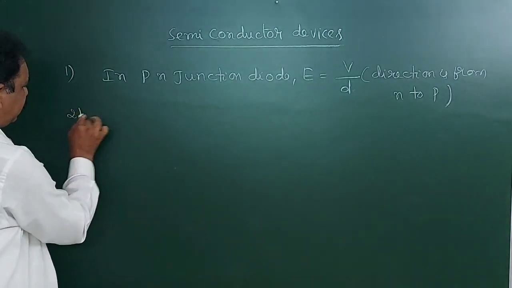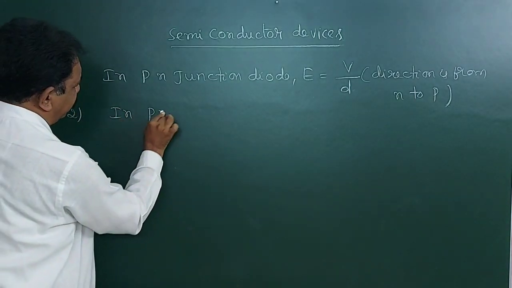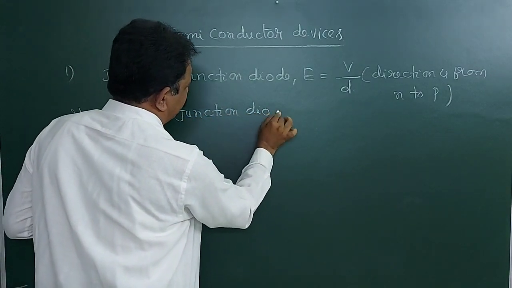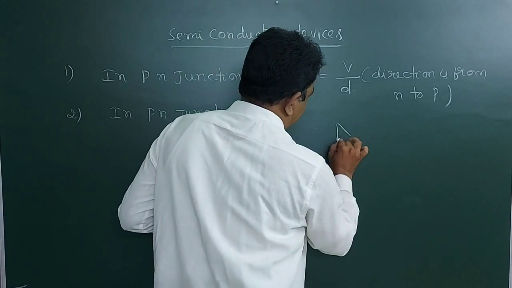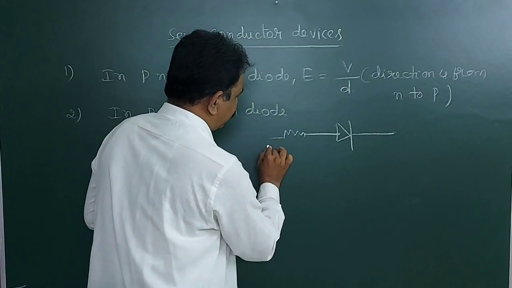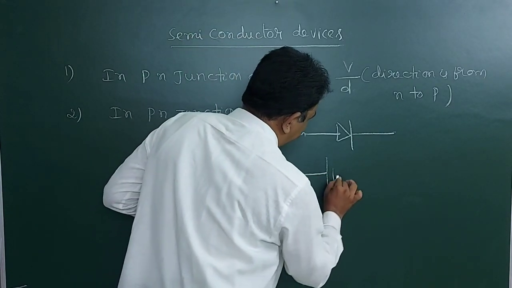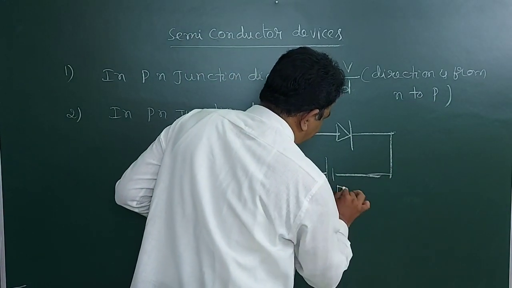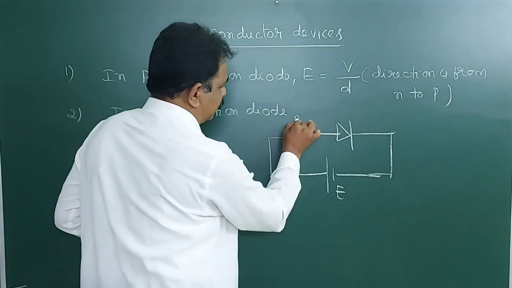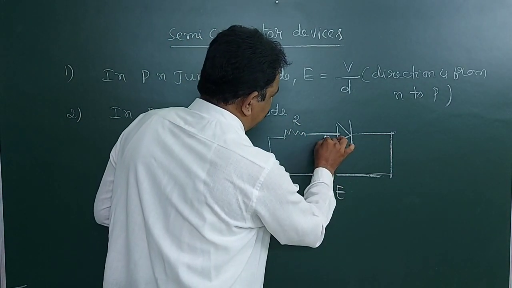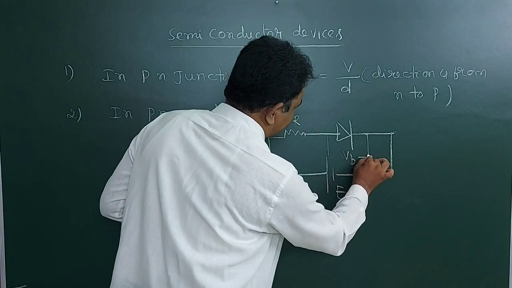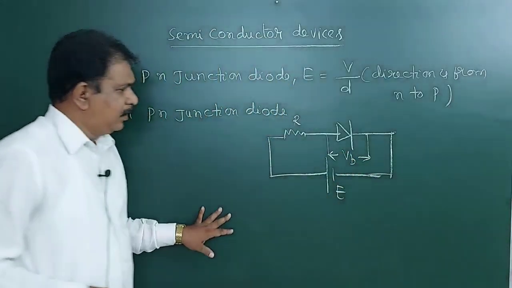Next, same in PN junction diode. So for example, this is a PN junction diode connected to a battery of EMF E. Here this will be a series resistance R. Let us assume the drop across the diode will be VB.